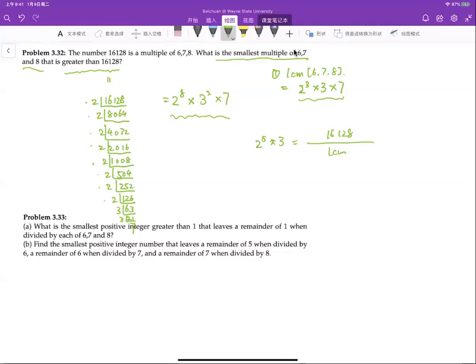So if you're looking for the smallest multiple of the LCM which is greater than that number, you can just add 1 here. Then that will be the next multiple of the LCM, and that is greater than the number 16,128. Right? So that will be 1 plus 2 to the 5th times 3, times the LCM of the 3 numbers. So that's the answer.